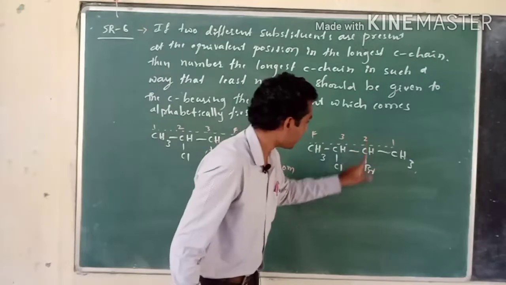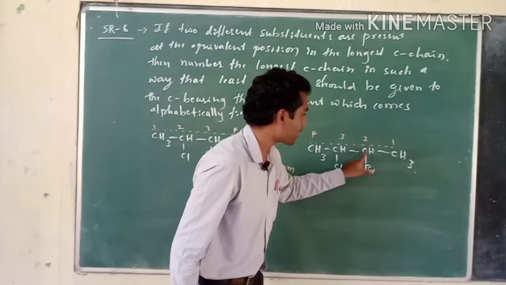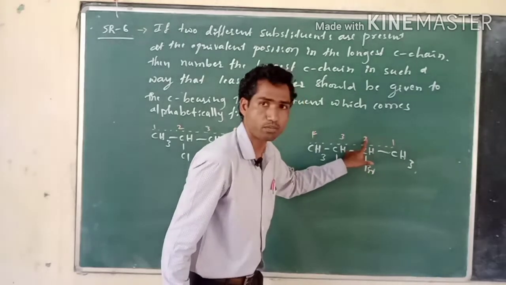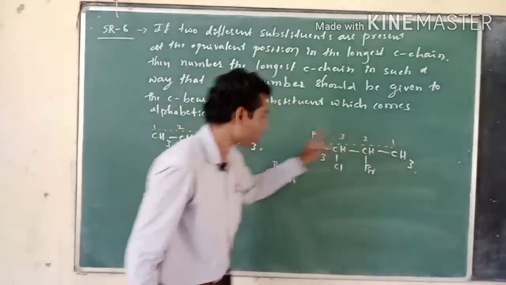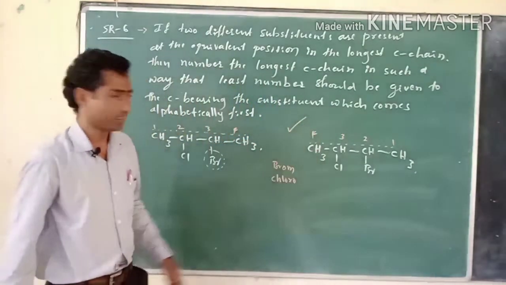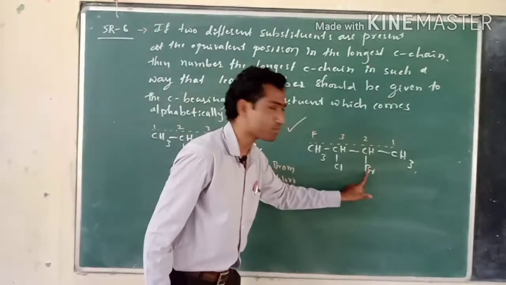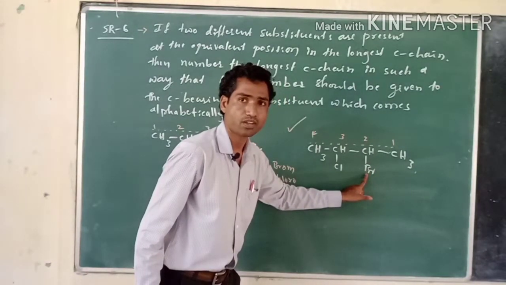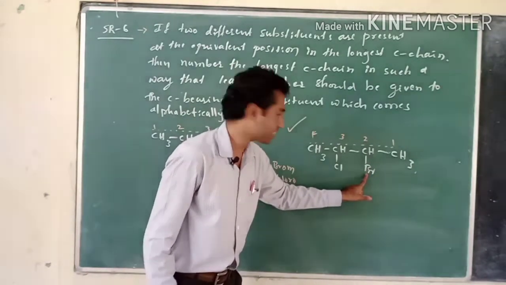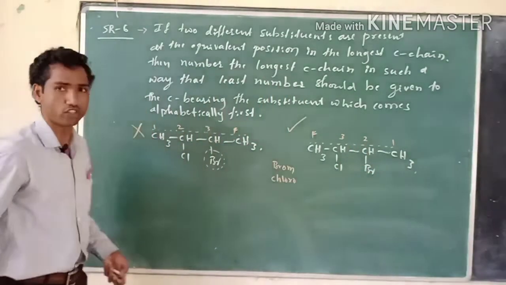In this way of numbering, the bromo bearing carbon is getting number 2, which is the least compared to 3. Therefore, this is the right way of numbering the molecule. The least number should be given to the carbon bearing the substituent which comes alphabetically first. B comes alphabetically first. Therefore, this is the right way of numbering the molecule, and the other is not.